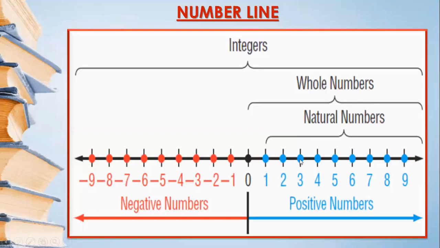That means there are infinite numbers between two consecutive natural numbers, whole numbers or integers. So these numbers are included in the set of real numbers.